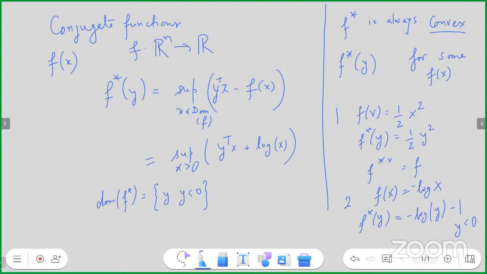Can somebody draw this function, yx plus log x, where y is less than 0?